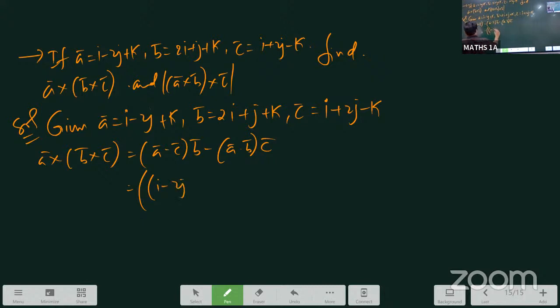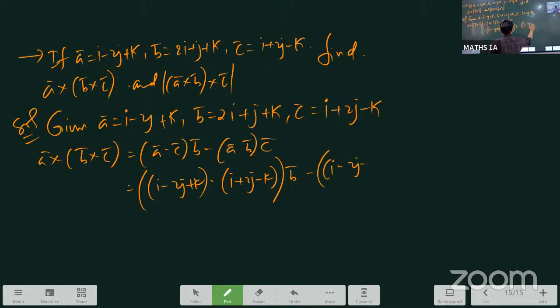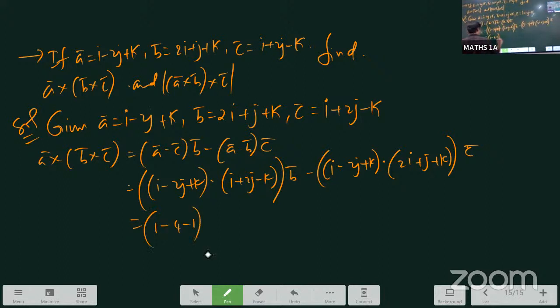I minus 2j plus k dot product with I plus 2j minus k into b bar minus I minus 2j plus k dot b bar, that is 2I plus j plus k into c bar. Is it clear? That is nothing but 1 minus 4 minus 1 b bar minus 2 minus 2 plus 1 c bar.